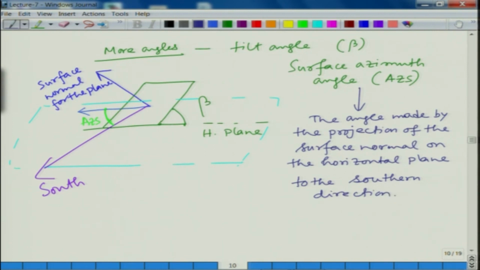Now, here you see that we have a solar azimuth angle as well. So, just to remind you that you need to differentiate between these two. Right now, we have seen this AZS, but we have seen earlier one AZ, which is the solar azimuth angle.